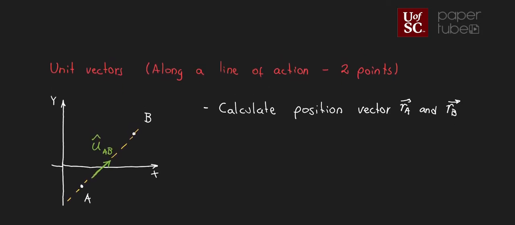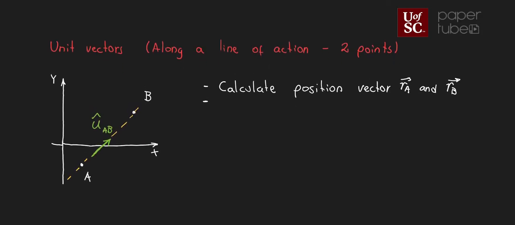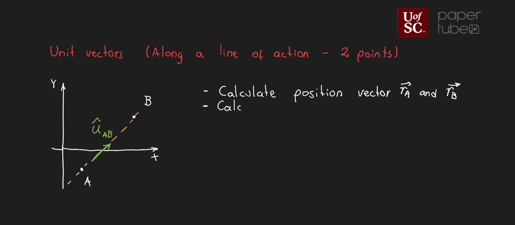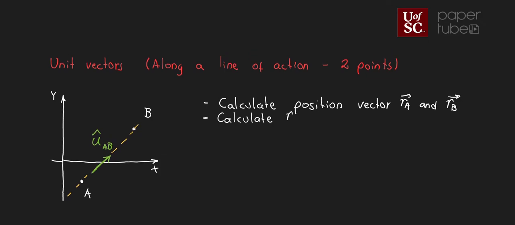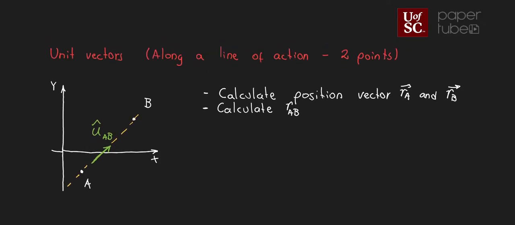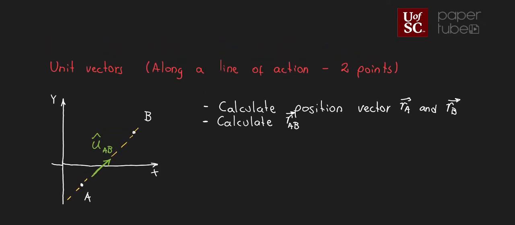Now, why are we doing that? Because the next step is to calculate a position vector RAB. This is from A to B, and remember that direction is extremely important. RAB is a different vector than RBA, right?